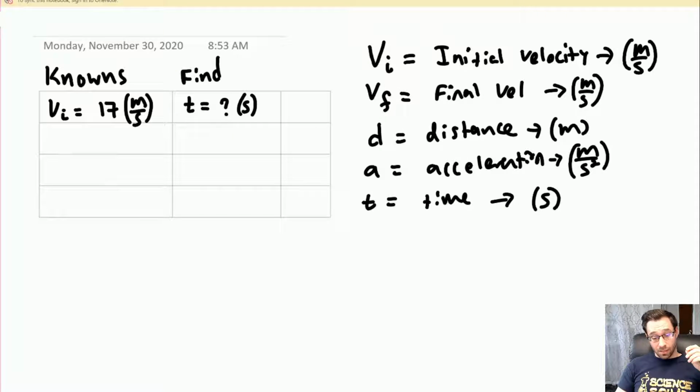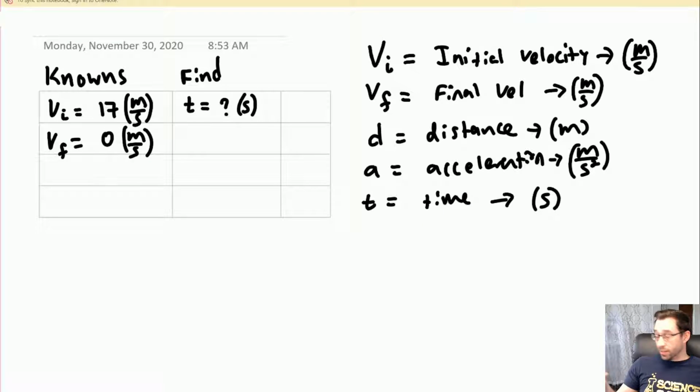It has an initial velocity, it's traveling upwards, but it's slowing down as it goes up. It reaches zero, and then it switches sign and becomes a negative velocity and starts speeding up in the negative direction. So at the instant that the velocity reaches zero, that is defined as the maximum height. So I know that my final velocity in this case, when it reaches the max height, is going to be 0 meters per second.